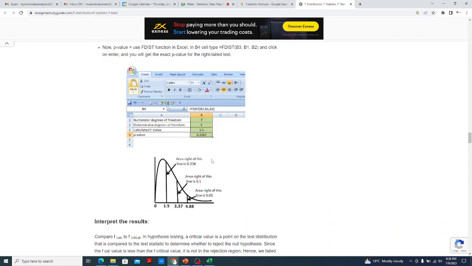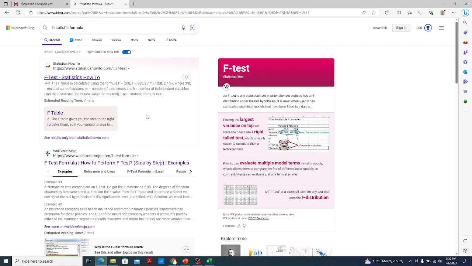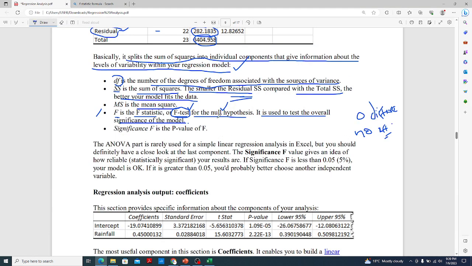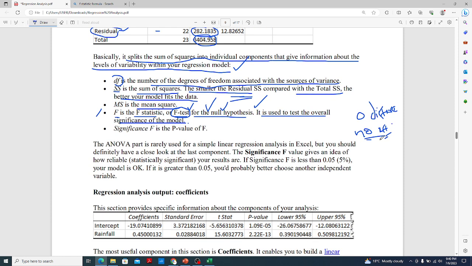You can go and learn more about the F statistic, but here the objective is F significance. The good thing is that Excel calculates it behind the scenes. So here we use the F statistic to test our null hypothesis. The null hypothesis basically means that there is no difference or no effect.